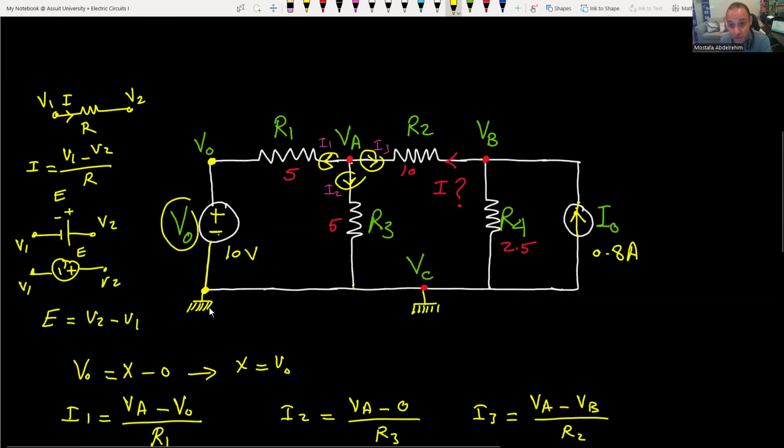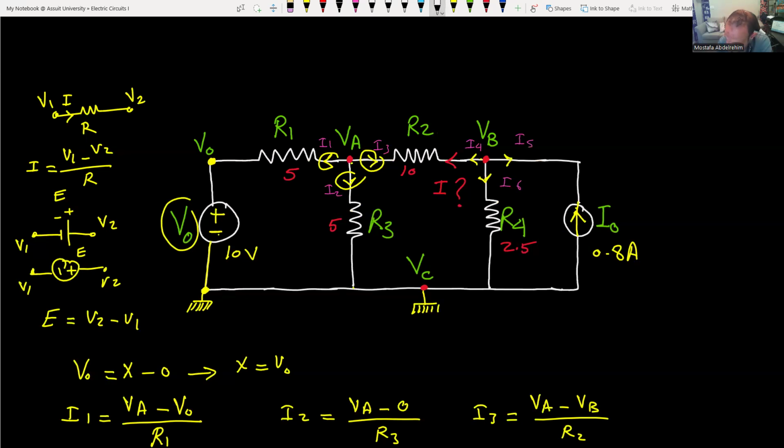What we did with VA, we're going to do with VB. Again, we assume three currents, all of them going out as usual, and let's call them I4, I5, I6, because we already used I1, 2, 3.